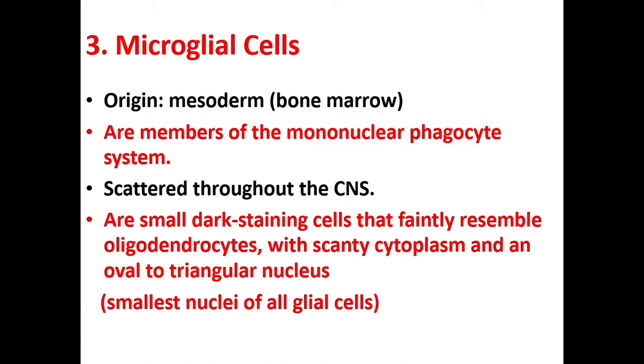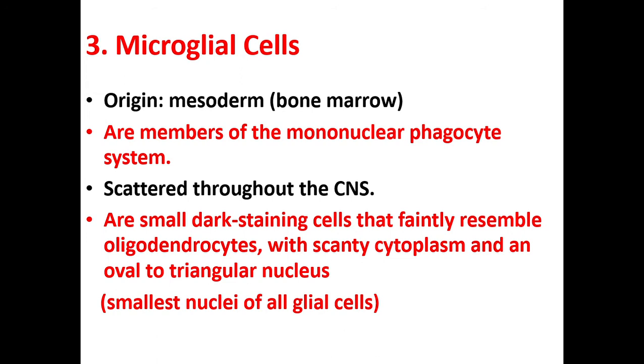The third type of neuroglial cells, again to recap, we have the ependymal cells, we have the macroglial cells, wherein we have the astrocytes and oligodendrocytes. Then the third one, we have the microglial cells. They are of mesoderm origin, so they originate from the bone marrow, and they are members of the mononuclear phagocyte system of the body.